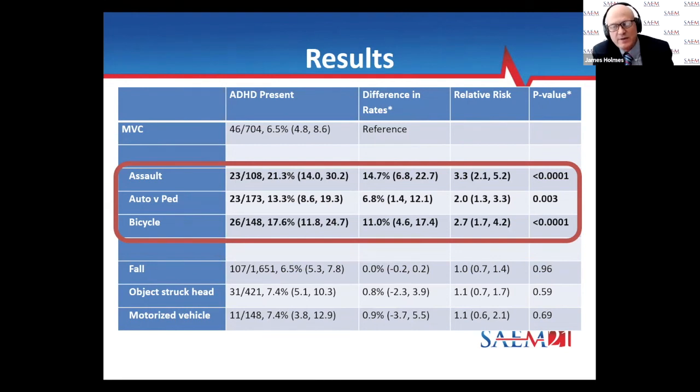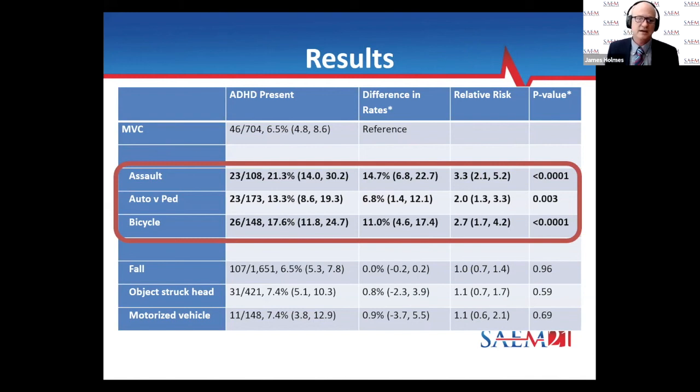Fall is the main reason we didn't see any difference when we lumped everything together, simply because the fall rate was so high. We had 16 times the number of falls as we did assaults, for instance, and so that washed out. Most of these falls are ground level falls, so probably ADHD doesn't play that much of a role with those.